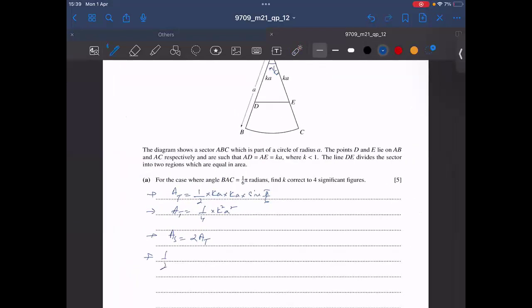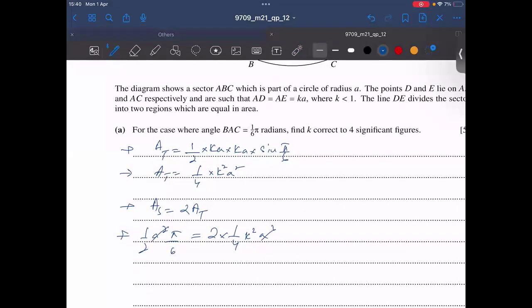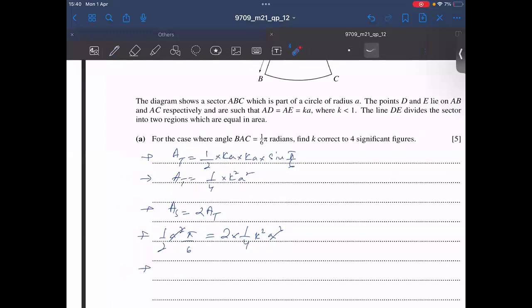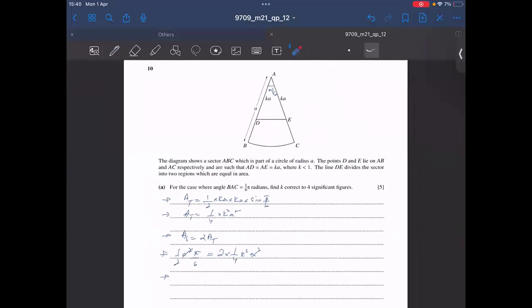Area of sector is half A square pi by 6, equal to 2 times 1 over 4 A square K. Half R square theta is the area of sector; the radius is A and theta is the angle subtended at the center.